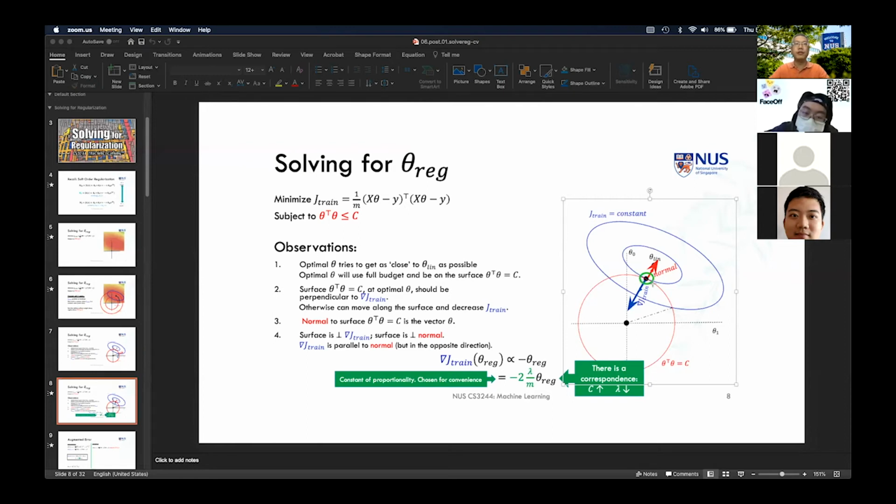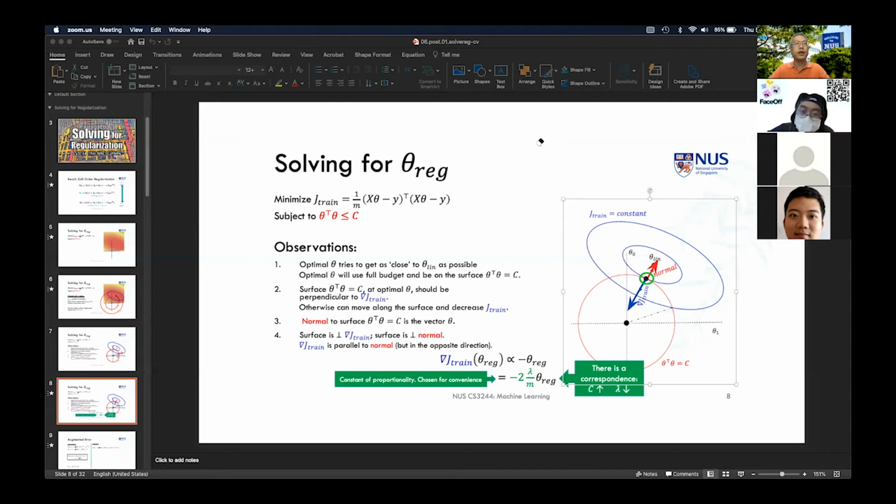So we have to choose here. We could have chosen any spot on this budget. We could have even chosen something inside, but the place where it minimizes the loss function would be at the tangent, right? When the circle meets the ellipse. So we would have to choose this green spot.